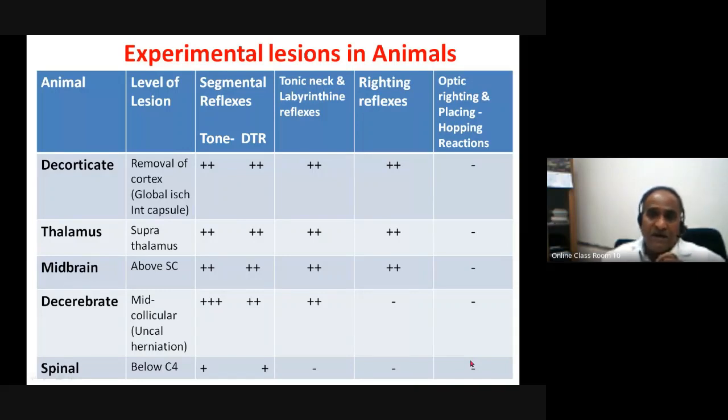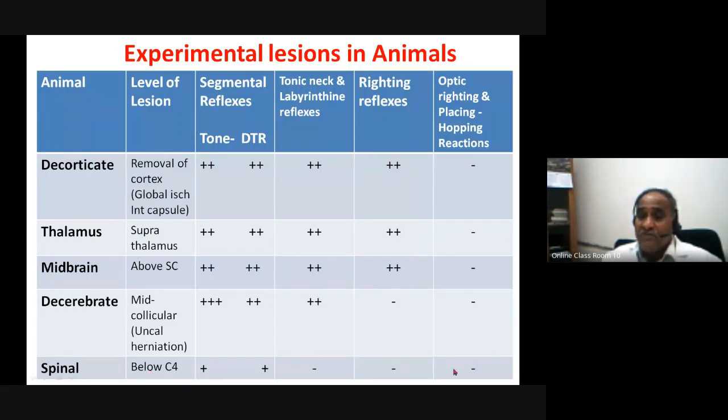One important part: this becomes a contradictory situation, because for the optic righting reflex, the head position, the trigeminal nerve, the oculomotor nerve, and other cranial nerves, the accessory muscles which are placing the neck may remain intact and may be operated, because the lesion is below C4.